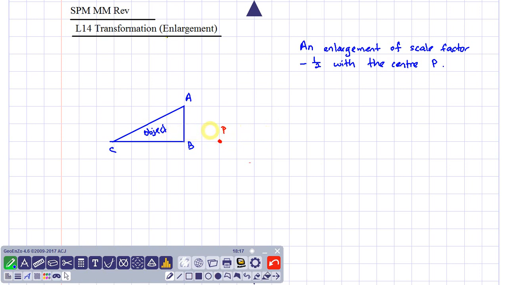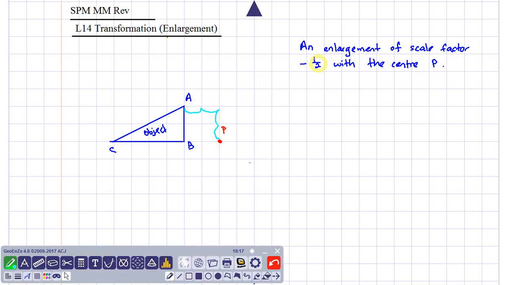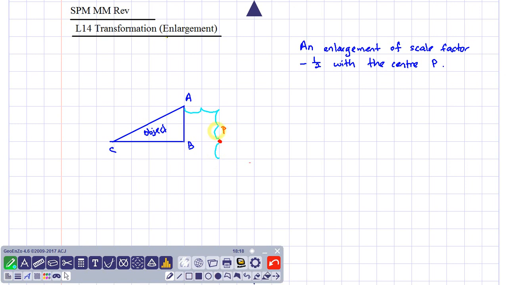Let me determine the image for A first. So 1, 2, and this is half. I divide by 2, you get 1, 1, but this is negative, so you have to go the opposite way.